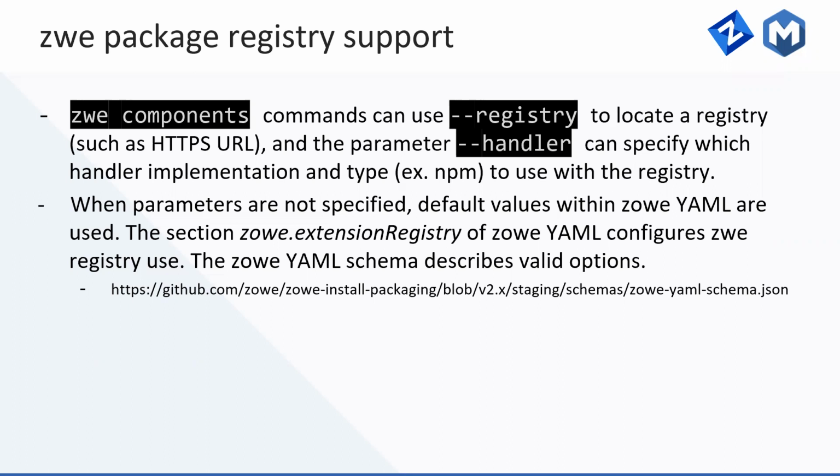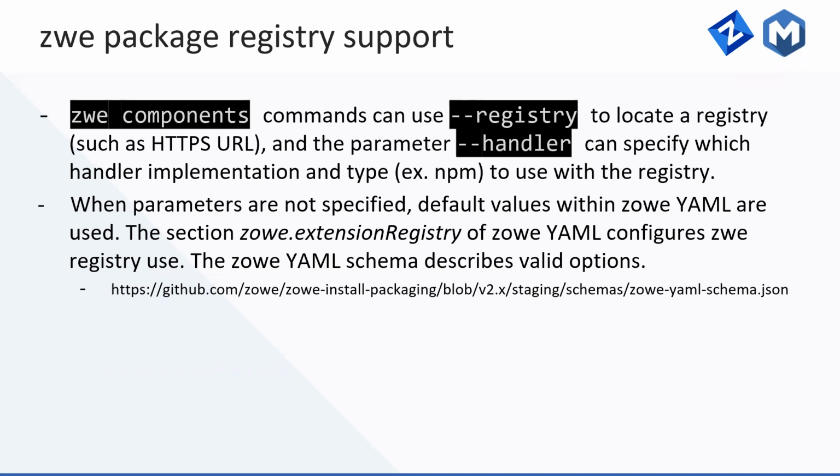And it's tied to a specific implementation of how to talk with that registry. Whereas the --registry flag tells you which one you're going to. Are you going to npmjs.com? Are you going to zowe.jfrog.io? In the case of NPM, it's HTTPS URLs. In the case of other handlers, who knows? They might support other different protocols. So anything could be there.